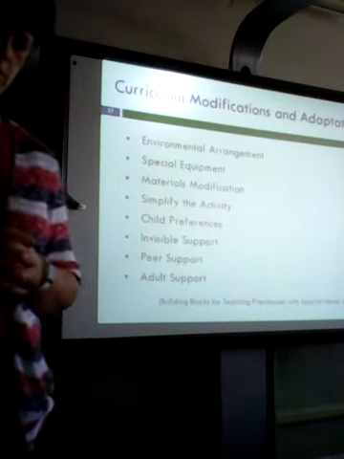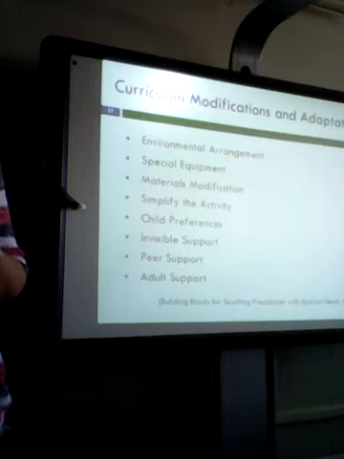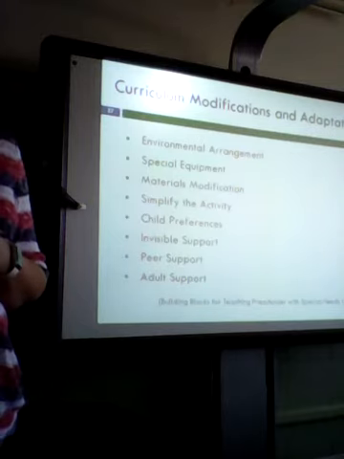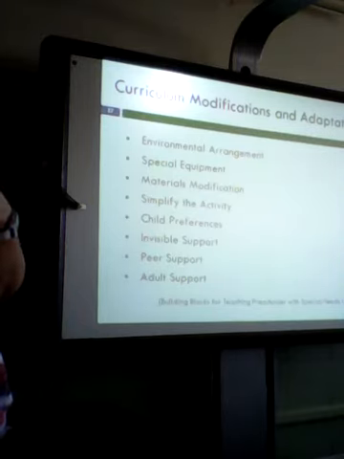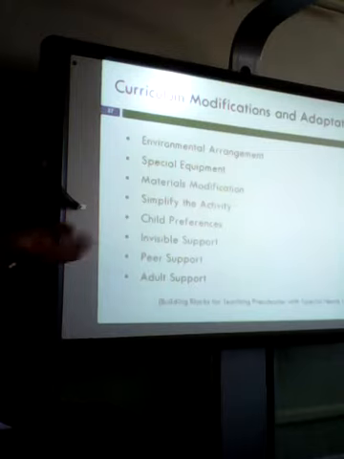If you wanted them to write their name independently and they're not there yet, maybe the first letter of their name independently, and you provide the visual prompt for the rest. Right. So really just breaking down that task and ensuring success for the child. Okay. And then, of course, child preferences. We always want to be sure that we have things that students are interested in and engaged in.